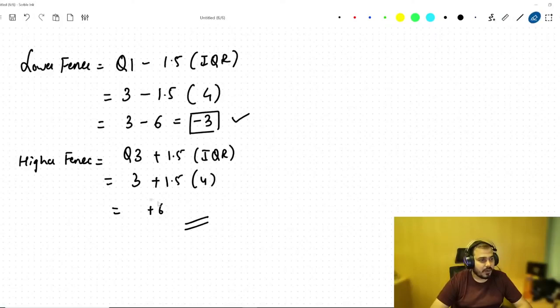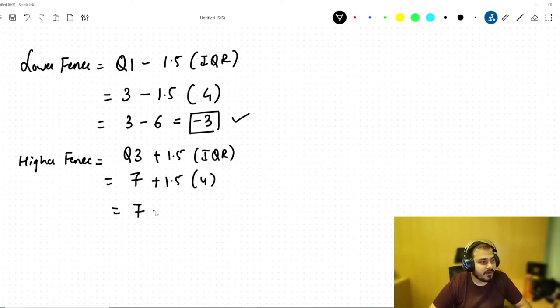Q3 is 7, not 3. So 7 plus 1.5 multiplied by 4, which is 7 plus 6, which is equal to 13.